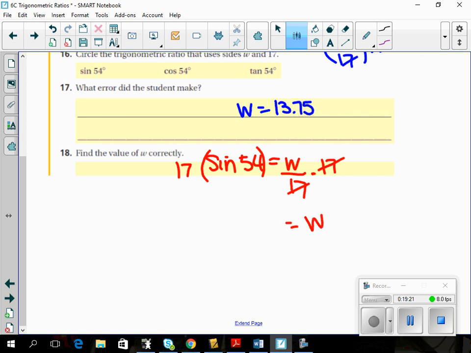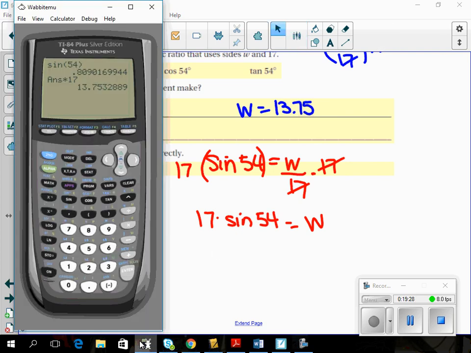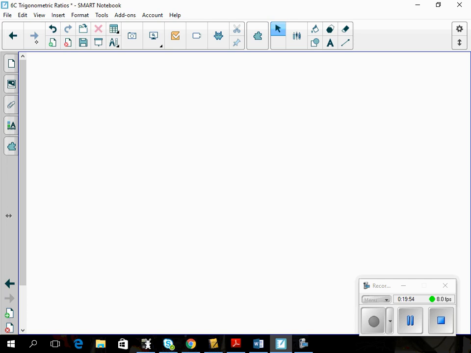So W is equal to 17 times the sine of 54. You can type it all in at one time on your calculator: 17 sine 54. It assumes that's multiplied, by the way, and you'll get the same answer. So you don't have to do it in two steps. It's totally up to you. What's really important is what mode do we need to be in? Degree mode.